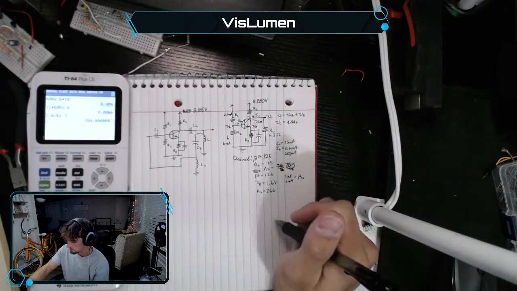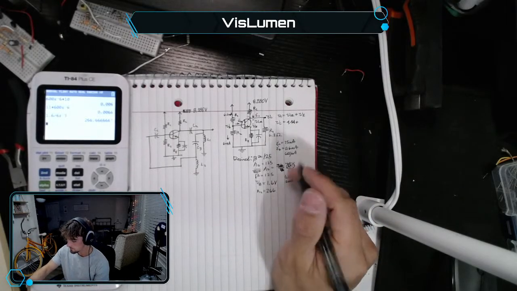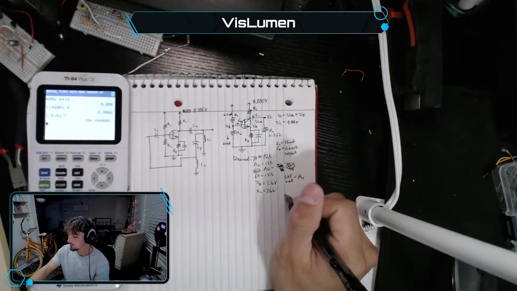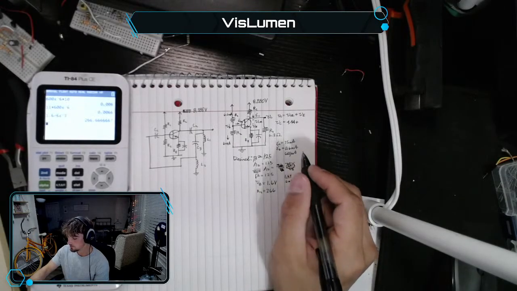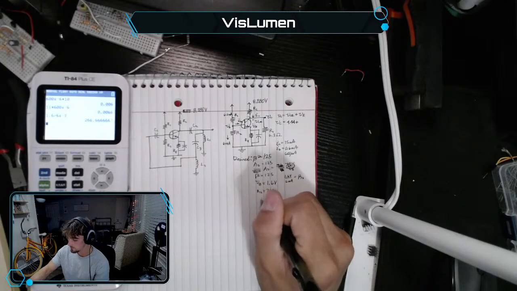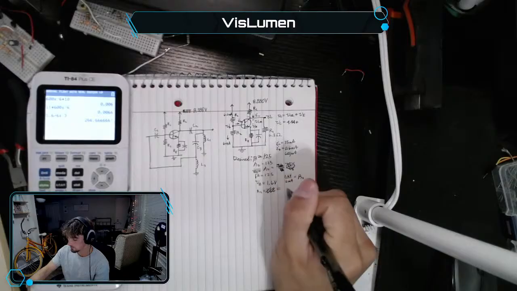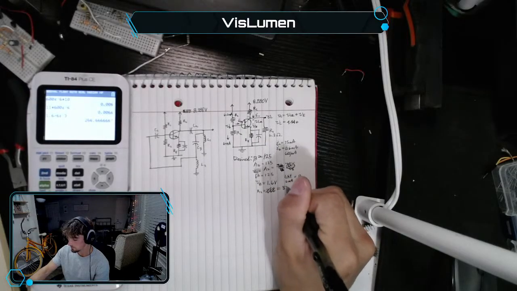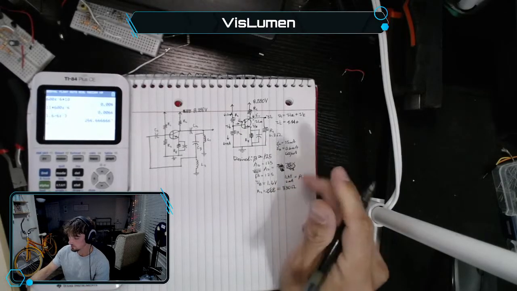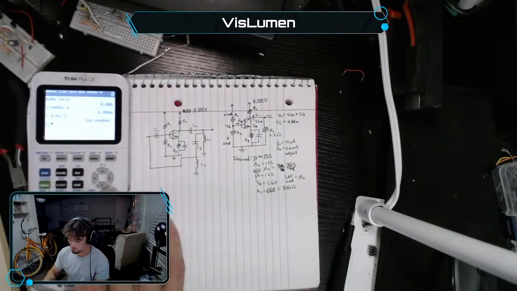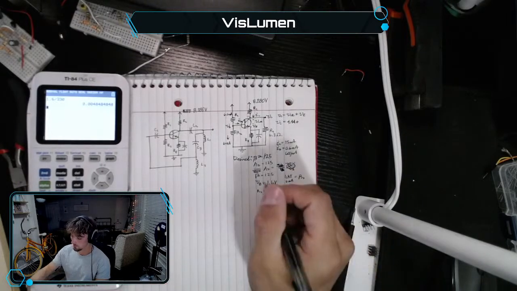So what is this going to change? 1.6. That's all it would change. And so let's say we want R2 equal to 330 ohms. So 330, we got 1.6 divided by 330 is 4.84.